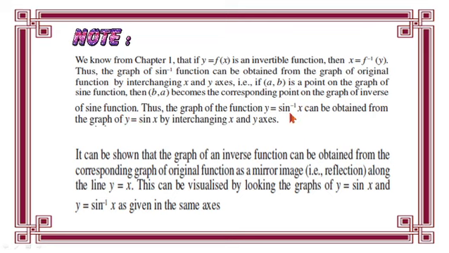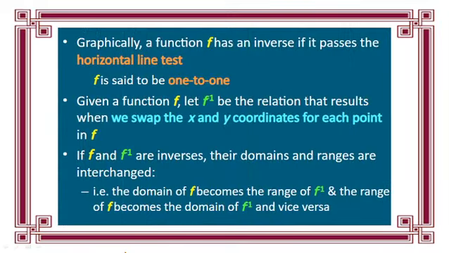It can be shown that the graph of an inverse function can be obtained from the corresponding graph of the original function as a mirror image along y = x. This can be visualized as well, and let's have a look.